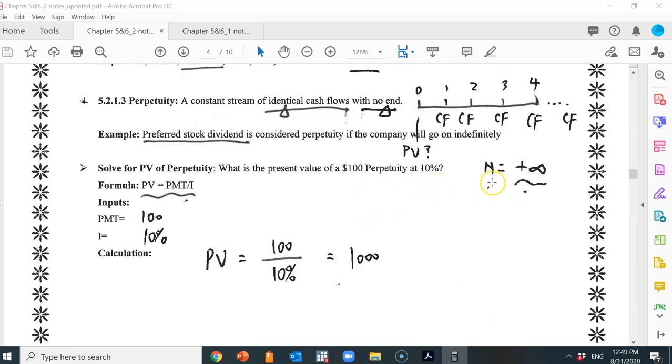Here we know n is infinity. It's hard to use the financial calculator because we cannot input an n of infinity. So we just use the formula for perpetuity. Present value equals the payment amount divided by the interest rate. In this case, we use $100 divided by 10%. So we have $1,000. That is the present value of this 100 perpetuity at 10%.